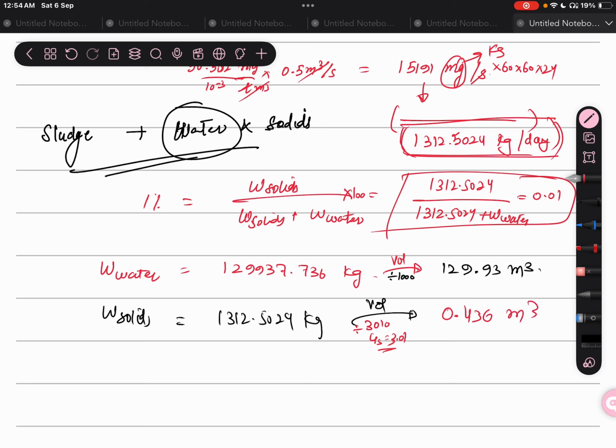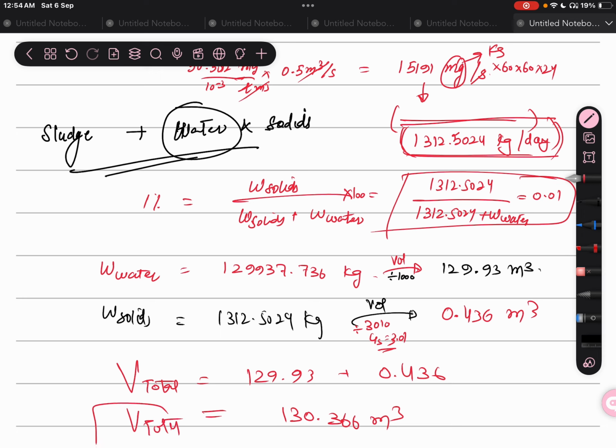The total volume will simply be the sum of these two volumes, 129.93 plus 0.436, so it will be 130.366 meter cube. This will be the correct answer for this question. Thank you.